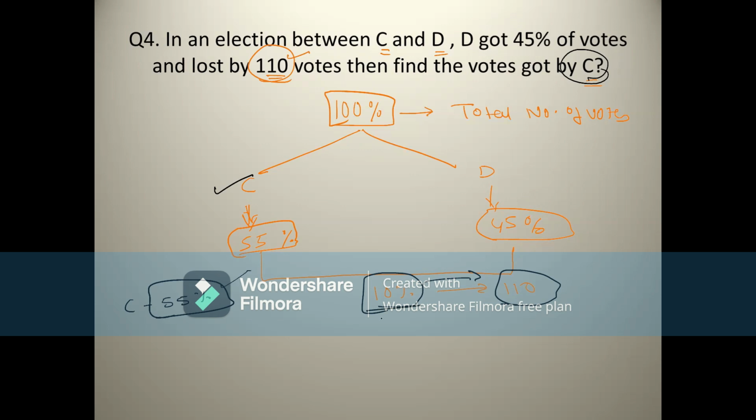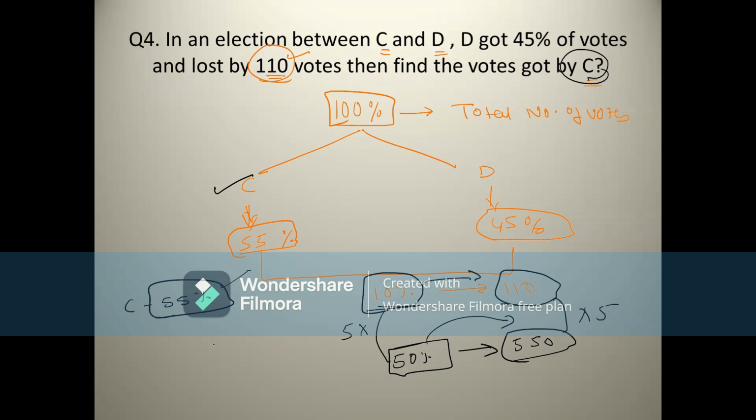You have the value of 10%. Just multiply this 10 by 5 and you will get the value of 50%. If you multiply 5 here, you also multiply 5 here. By multiplying 110 by 5, you will get 550. So the value of 50% will be 550 votes.